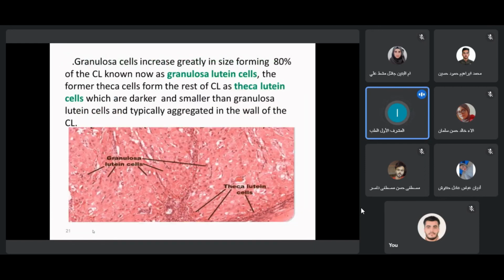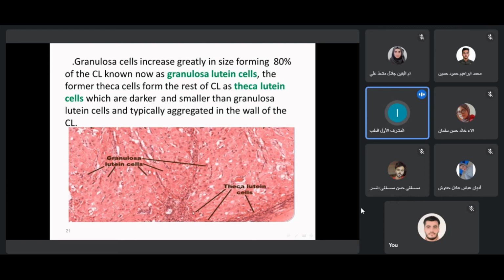Here we can see the granulosa cell layer that increases in size, about double their size compared to the granulosa cells in the developing follicles. In the corpus luteum, the granulosa cells now are termed granulosa lutein cells, and the theca cells in the corpus luteum are called theca lutein cells.